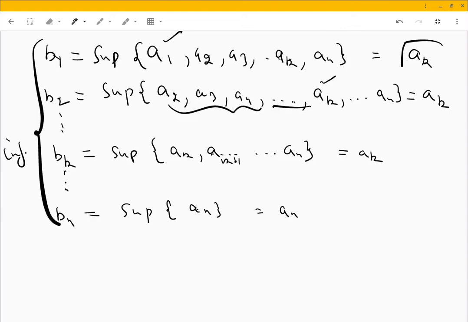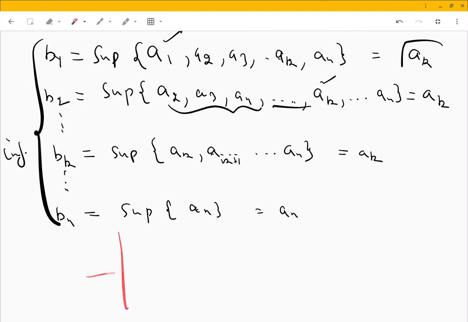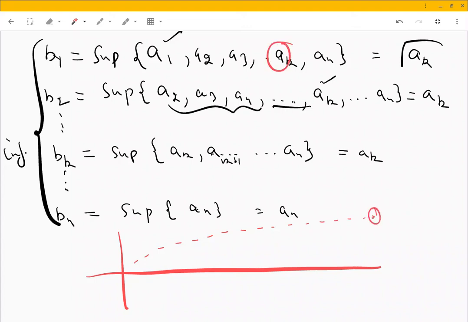Now, this can get confusing, but if you look carefully, what is happening? See, your sequence, let's say, can be like this, say it is converging. I'm taking various examples. If it is like this, then your AK lies somewhere here.